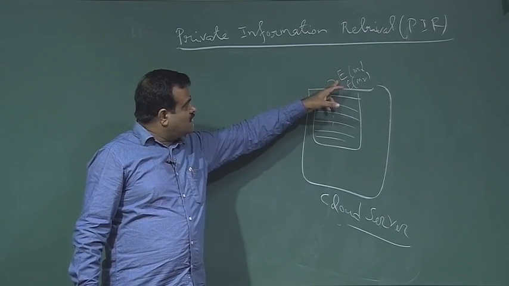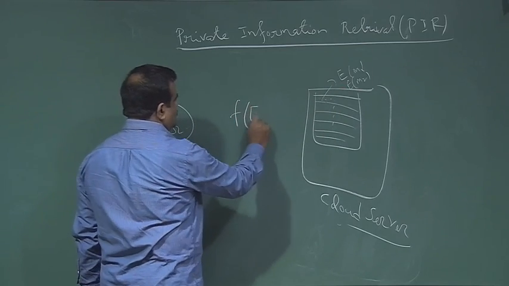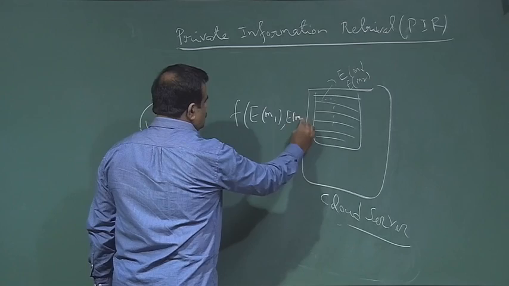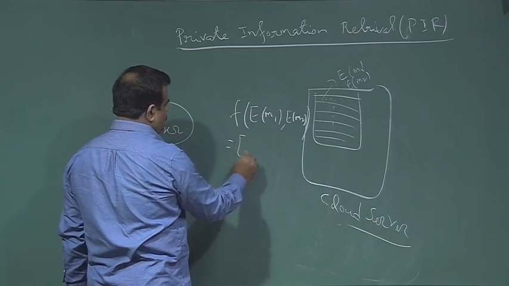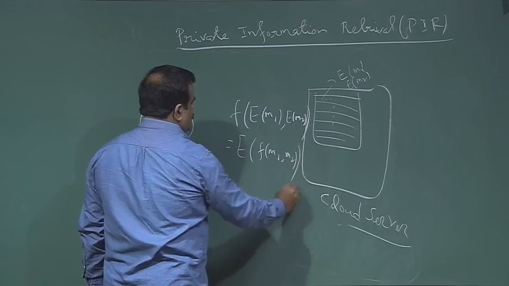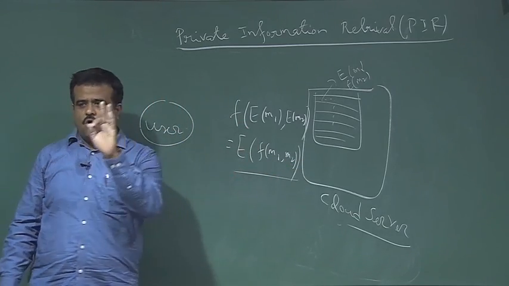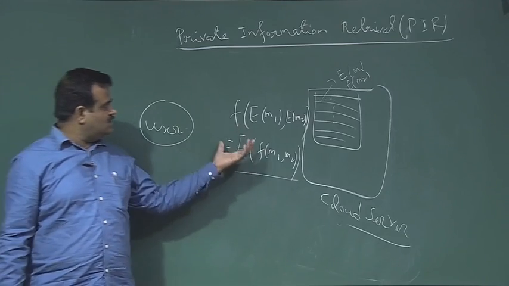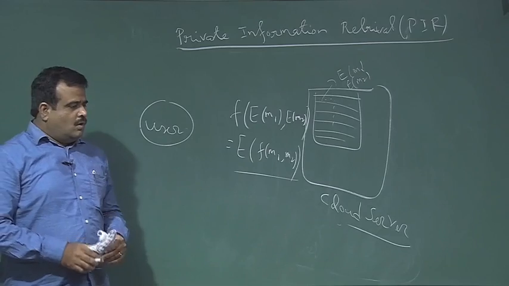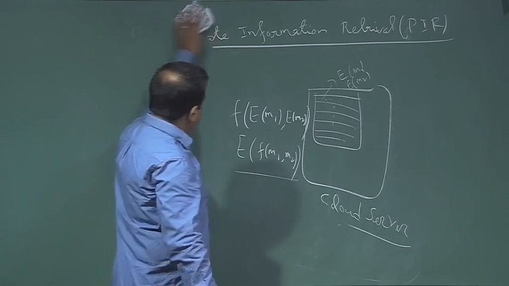If it takes E of M1, E of M2, then sometimes we need this property F of M1, M2. So for this, the encryption function should be homomorphic encryption, because this is the property homomorphic encryption has.